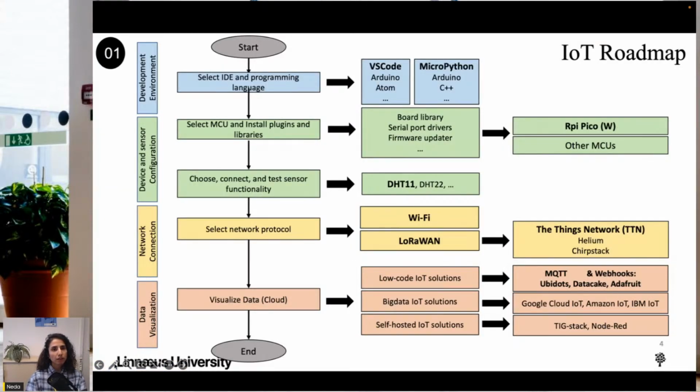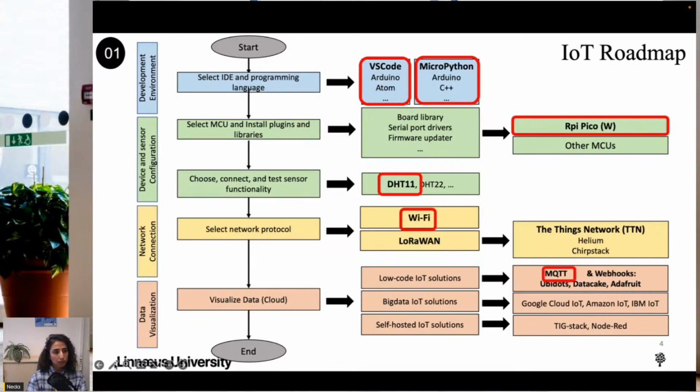If you remember, we had this IoT roadmap, and we said that we should choose an IDE, which is VS Code, and a programming language, which is MicroPython, and we talked about it. And the board that we have is Raspberry Pi Pico W, and the sensor that we chose was DHT11, and the connectivity that we chose is Wi-Fi.